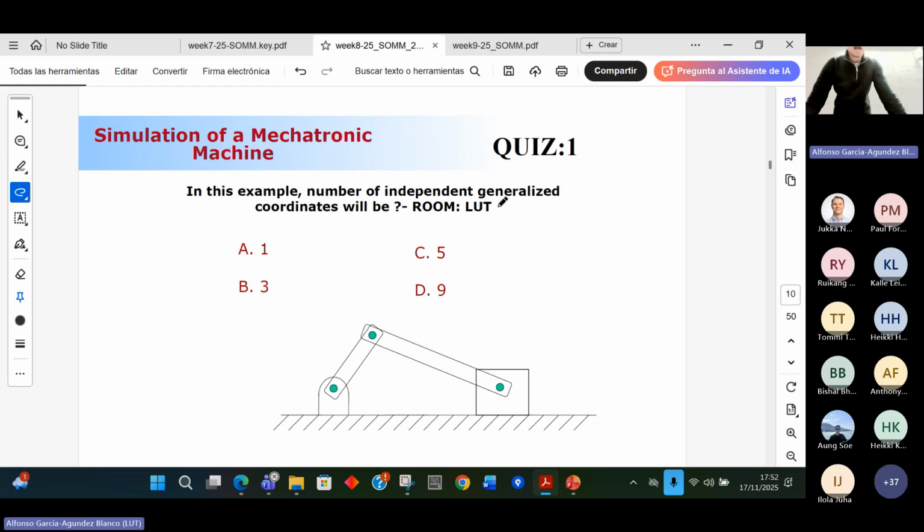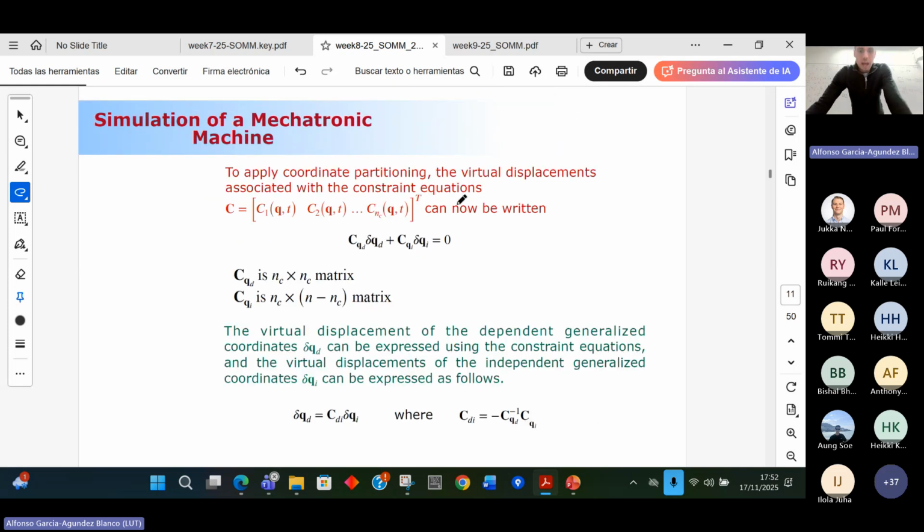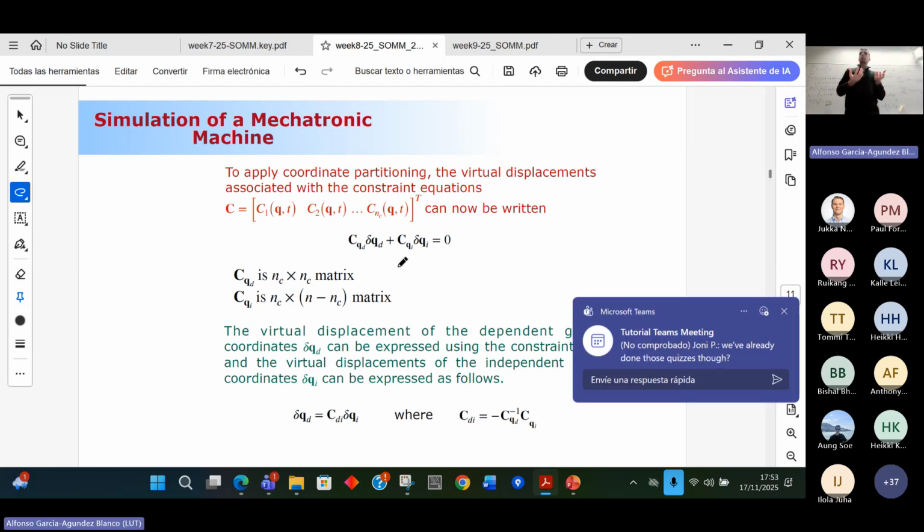So I think I need to activate the quiz. Anything I need to, we will do the quiz next day, okay? We will do this quiz next day because I want to explain at least the idea, okay? So basically, what we are going to do is apply this coordinate partitioning and the total vector Q. We are going to distinguish between independent and dependent coordinates, okay? And now I'm going to show you how to relate the dependent coordinates with the independent ones by means of the constraints.